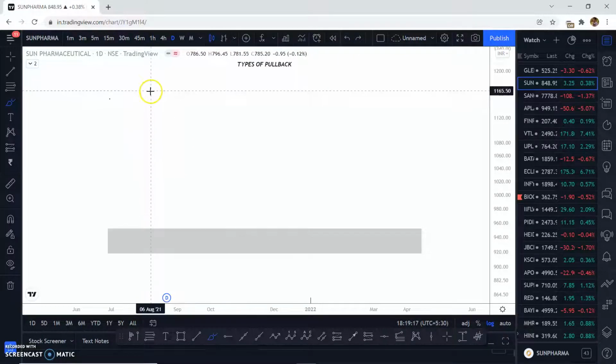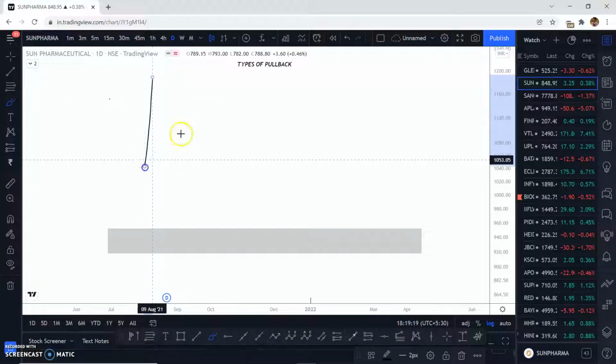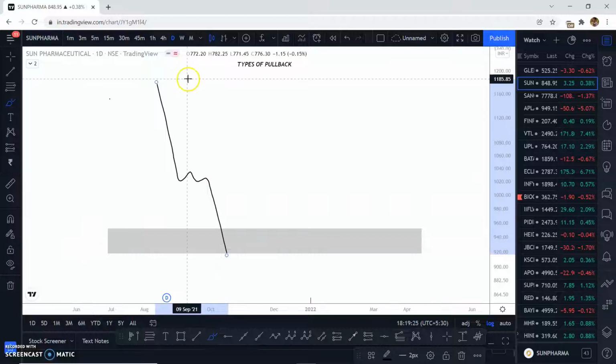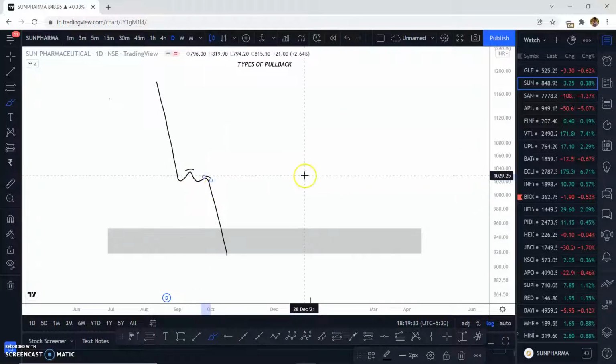Now, what if the price falls like this? Like this. Straight fall. Okay, straight fall. Now if you see, obviously there's a lot of imbalance, but is there any liquidity? Is there any liquidity? Just this, right? Just this.